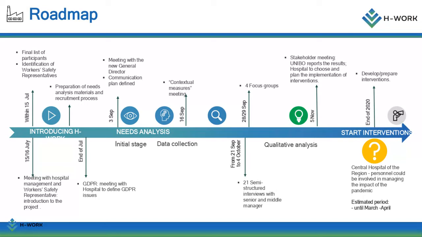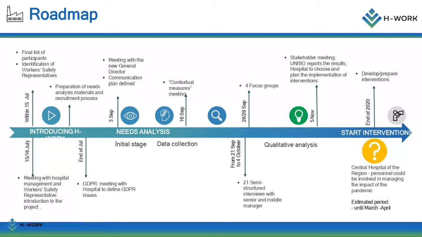Then there was a meeting with the hospital management and the safety representatives where they were introduced to the project. Then there was a preparation of the needs analysis materials and the recruitment process within the university from the research team.